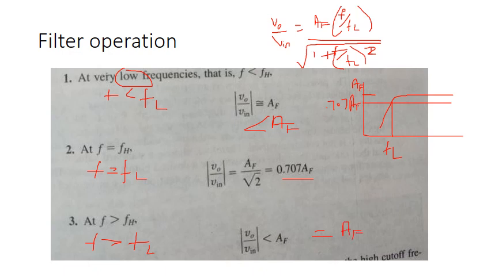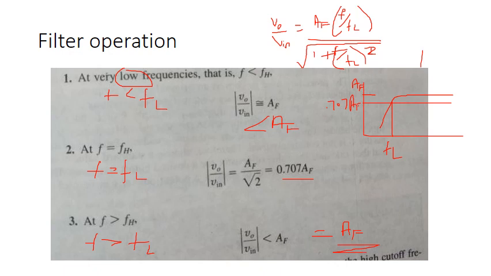We can substitute that F is greater than FL, so FL will be a small quantity. Any number divided by a small quantity can be negligible, so this part can be negligible, and then square root of 1 will be 1. So AF divided by 1 is AF.